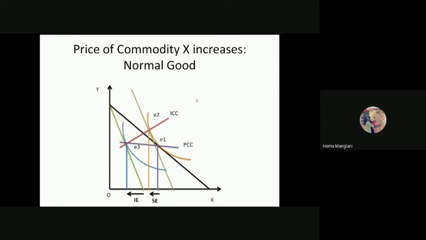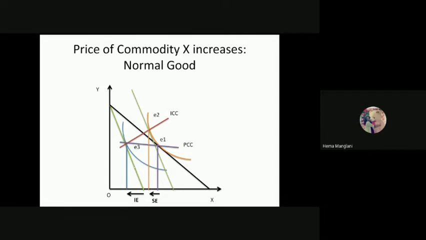Varun, can you tell me what will be the shape of the demand curve in this case? Upward sloping, ma'am. How upward sloping? Can you define the relationship between price and quantity? See, the price of X is now increasing.